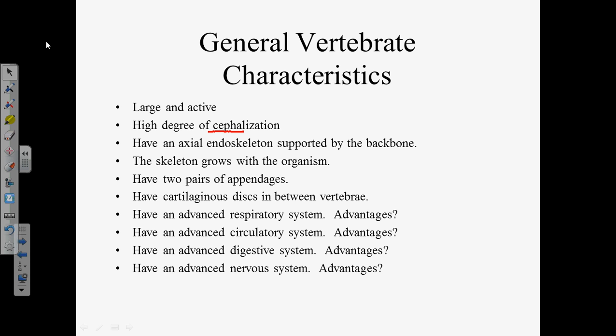Exoskeleton? Yeah, an exoskeleton, which is what kind of things have? Yeah, arthropods. Yep. So that's nice. We have two pairs of appendages, arms or legs. We've got those cartilaginous discs in between our vertebrae, help to cushion. Remember, those are derived from what used to be the notochord.